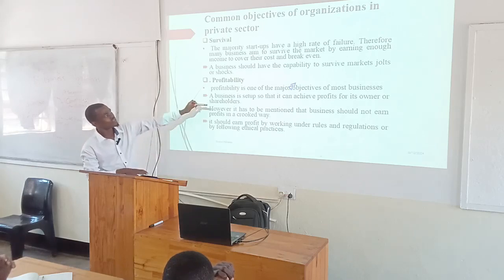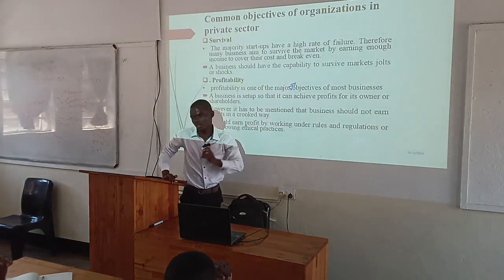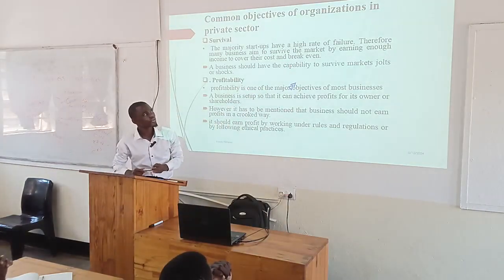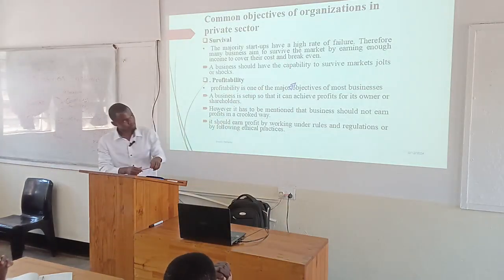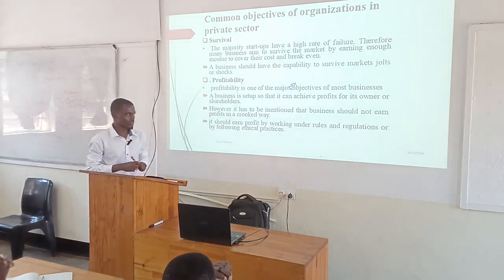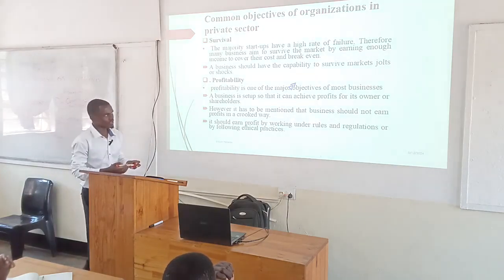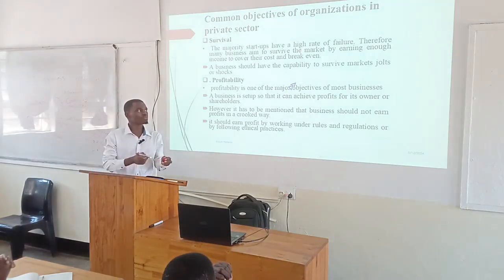Now, we'll reach a certain point which is called break even. That is a point whereby the organization's revenue is equal to the organization's expenses. Whatever comes after that becomes a profit.